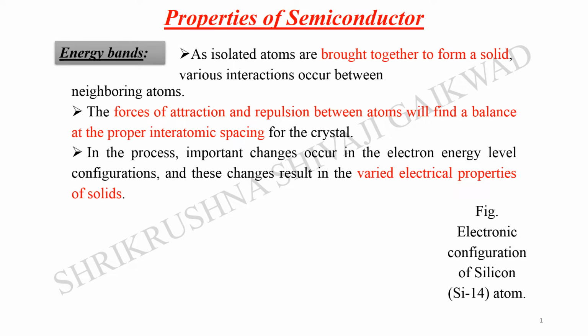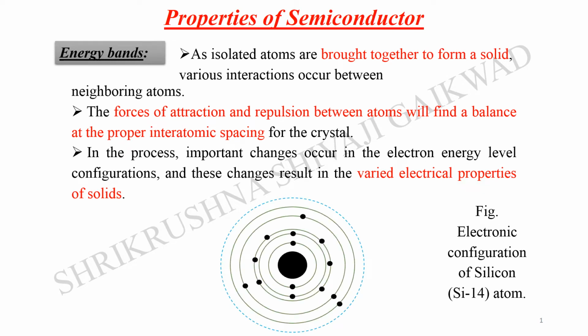Now let's look at the electronic configuration of solids. Let's consider a simple example, silicon, and look at its electronic configuration. What is it composed of? The electronic configuration is 1s2, 2s2, 2p6, and 3s2, 3p2.